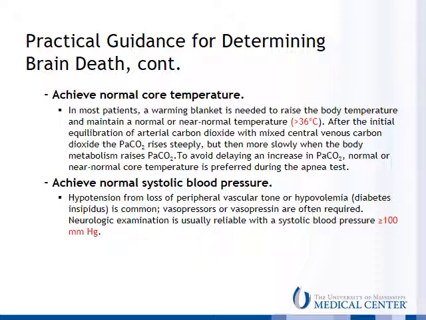They need to have normal systolic blood pressure. And sometimes this is not achievable. Patients who have neurotrauma very often also have other traumas that prevent us from obtaining a normal systolic blood pressure.